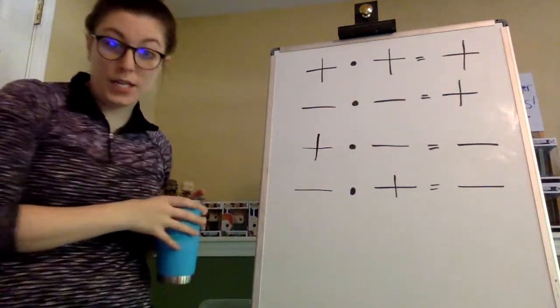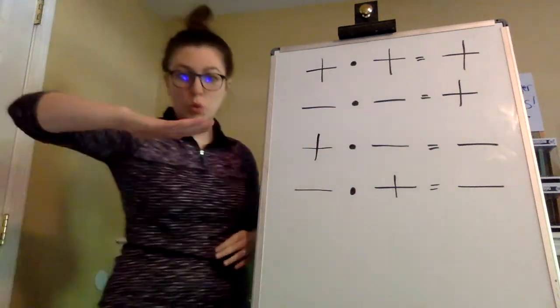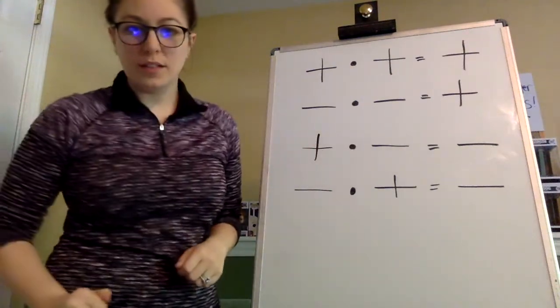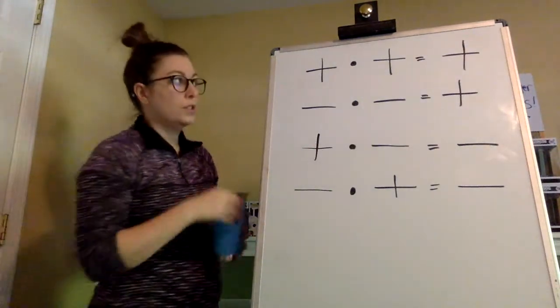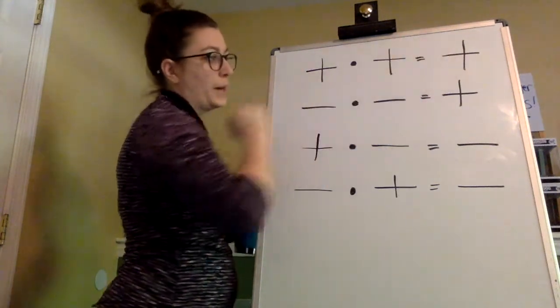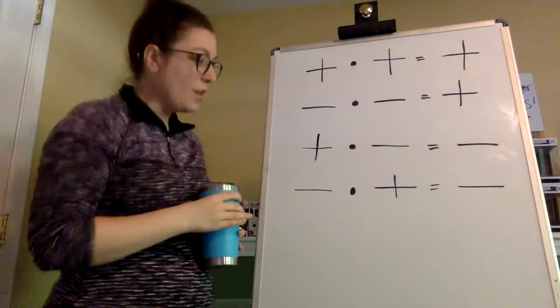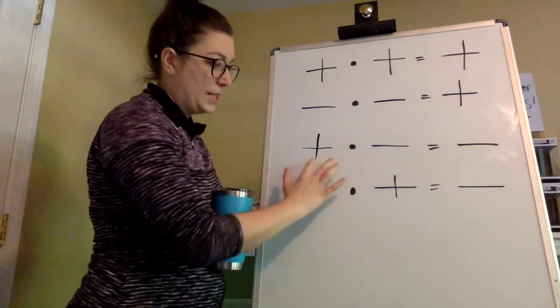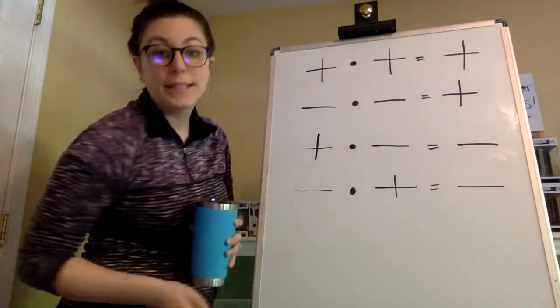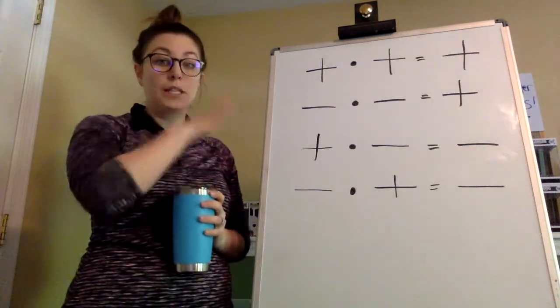That was that math ninja, right? If the two are the same, meaning both positive or both negative, they give you a positive answer. If they're different, so a positive times a negative or a negative times a positive, it will give you a negative answer.